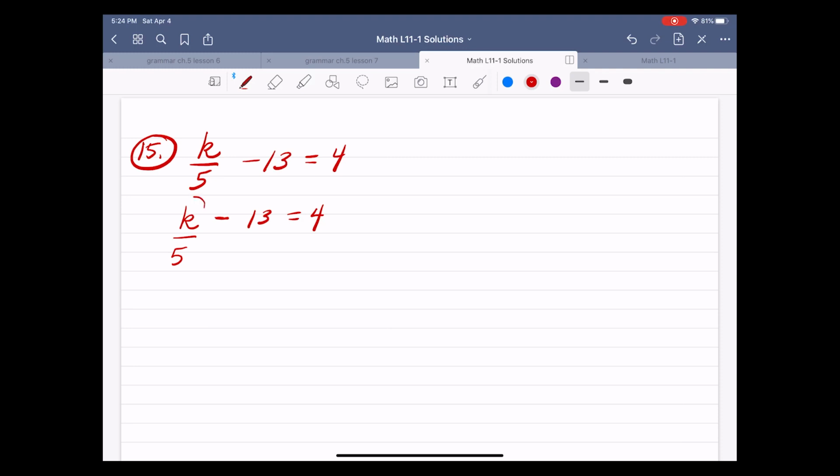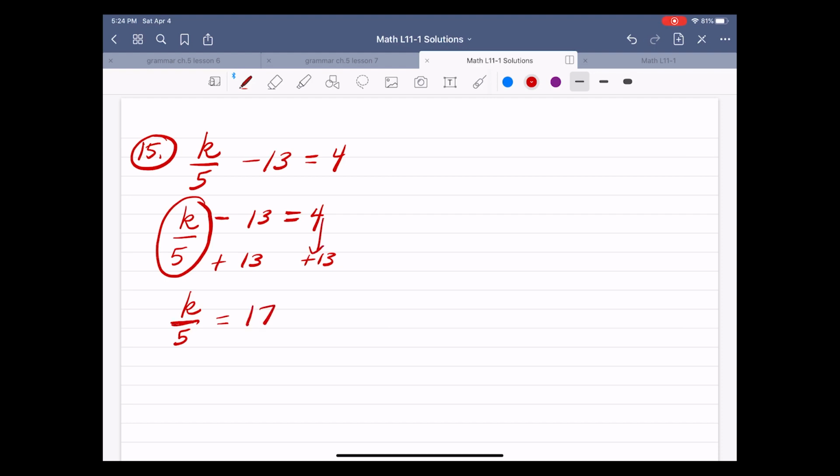I'm going to isolate the k over 5 because I want to get rid of everything that's not close to the k. I'm going to add 13. If I add 13 to the left, I have to add 13 to the right. k over 5 equals 4 plus 13, which is 17.